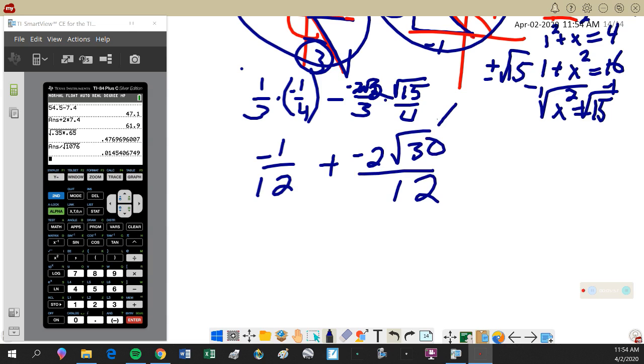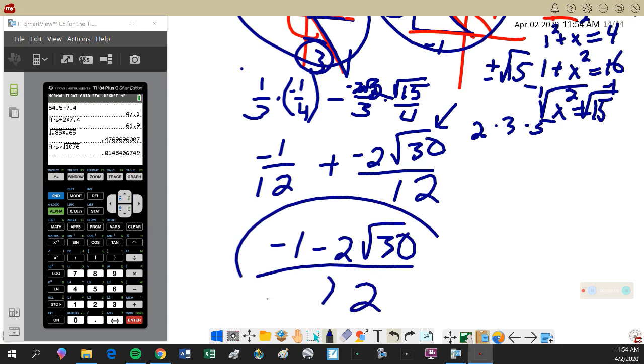And 30 does not simplify. 30 is 2 times 3 times 5. It doesn't have any prime factors that are pairs. So, -1 minus 2 root 30 over 12. That is the answer to number 30.